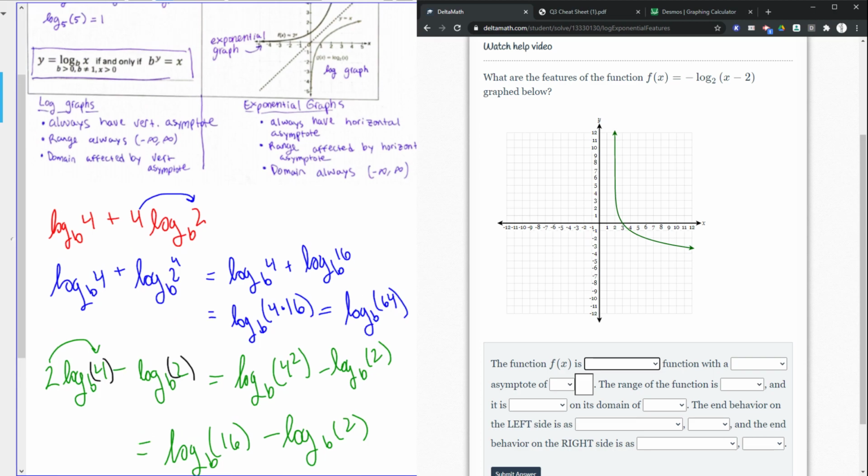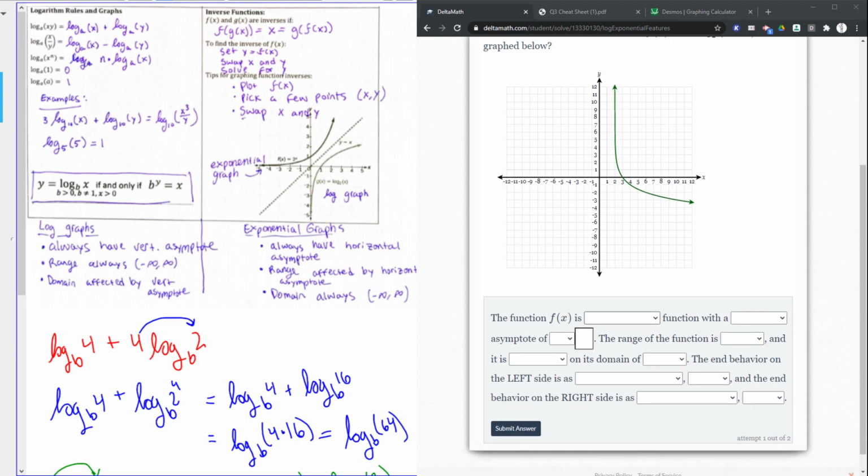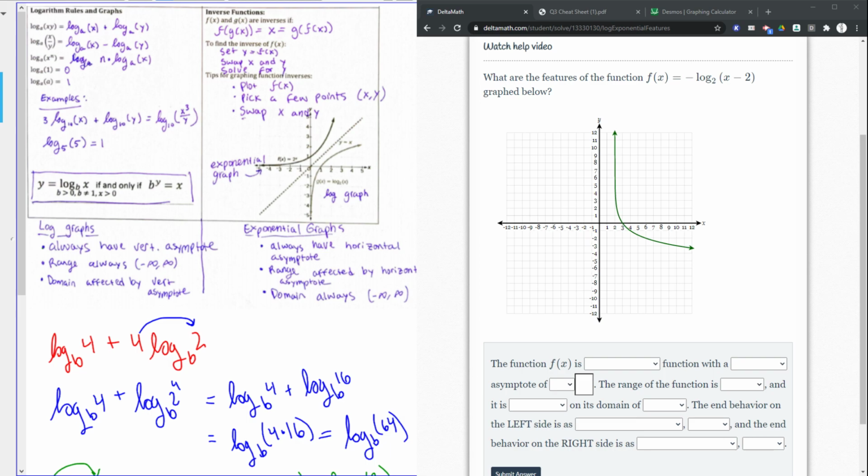So I'm going to scroll up so we have our little log graphs. Some things to remember. Log graphs always have a vertical asymptote. Okay, so this function, I know it's logarithmic because it says log base 2 in the name. So we're going to say logarithmic. What kind of asymptote does it have? Logs, always vertical asymptotes.